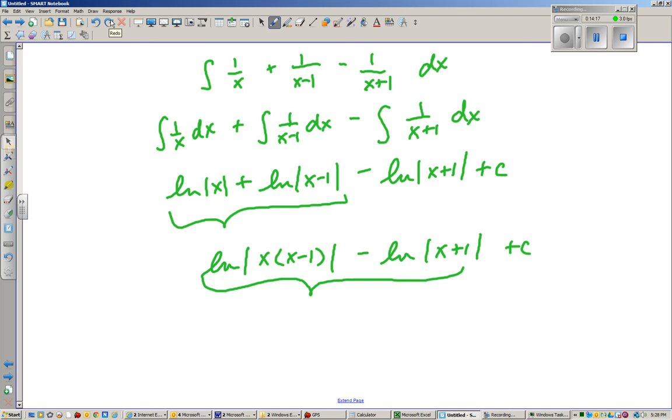So it's the natural log of the absolute value of, in the numerator, x times x minus 1, in the denominator, an x plus 1, and there she is, right? Our final answer ready to go.